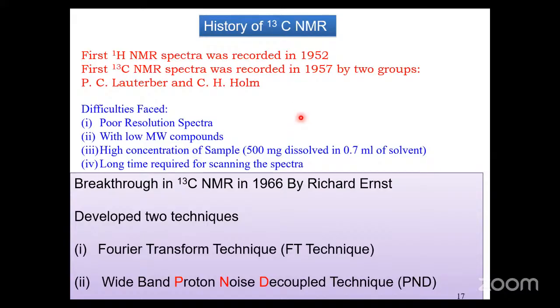But in the 1960s, in 1966, Richard Ernst developed two techniques, the Fourier transform technique and the proton noise decoupled technique. Due to these two techniques, a major breakthrough occurred. And after the 1970s, scientists started to use carbon 13 NMR.